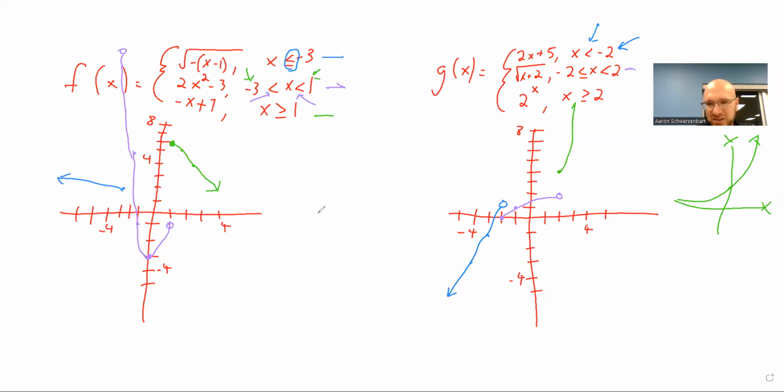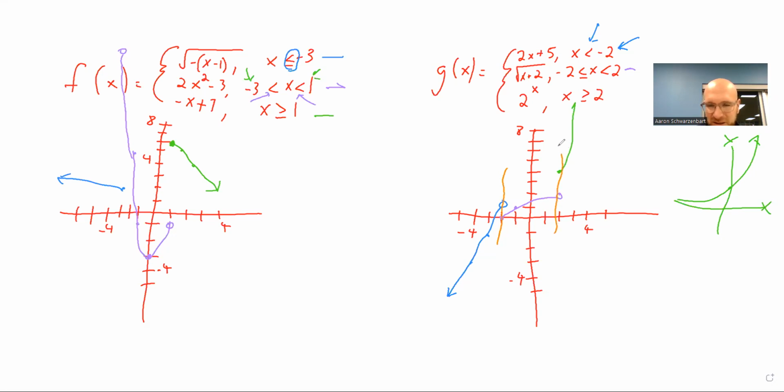At the end of a piecewise function, I should always check and make sure it's a function. Does it pass the vertical line test? Both of these do. Okay, a key thing here. This does pass the vertical line test because it's got an open circle and a closed circle when the points are overlapping.